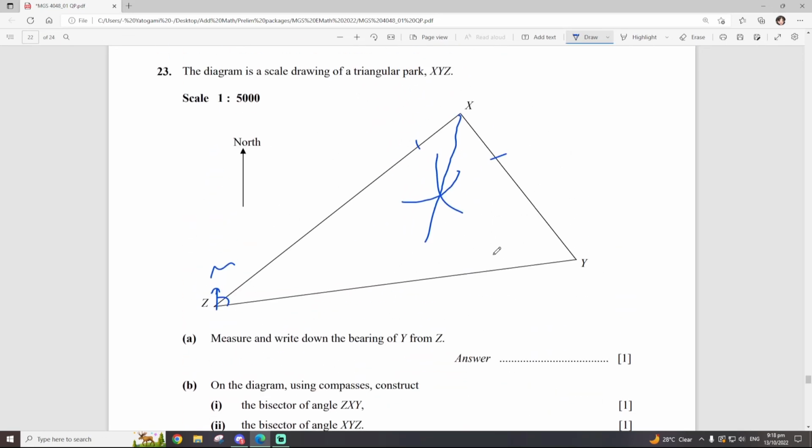Bisector of angle XYZ. So you repeat the same process. Just imagine that I have a compass. Very difficult without the compass.